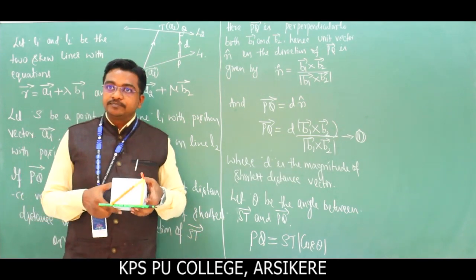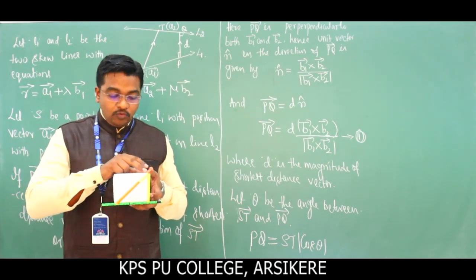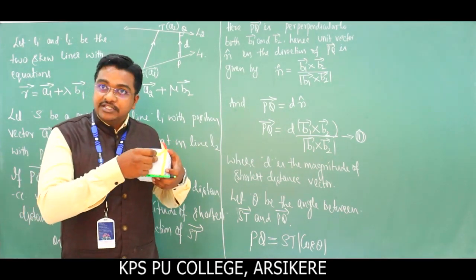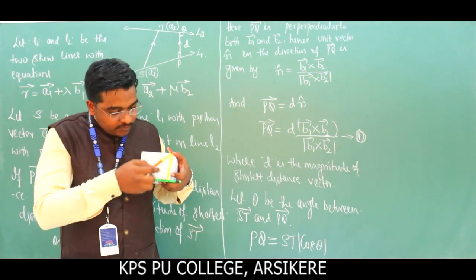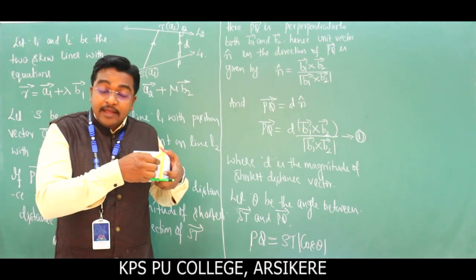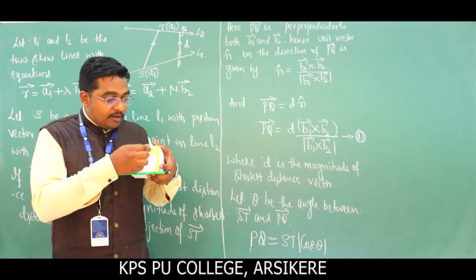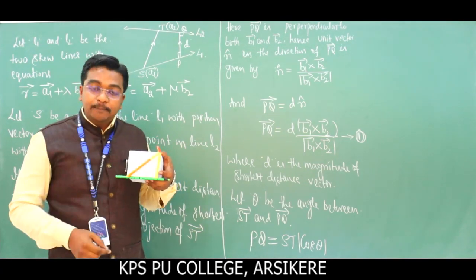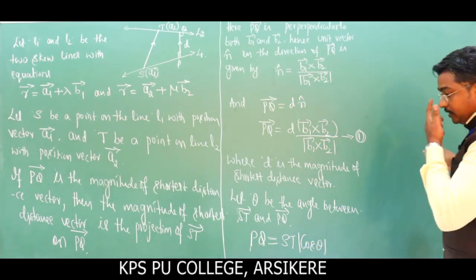Just observe here. Here we have the line L1 and here we have the line L2. This is the vector ST and this is PQ. So this is the angle theta between vector ST and vector PQ.